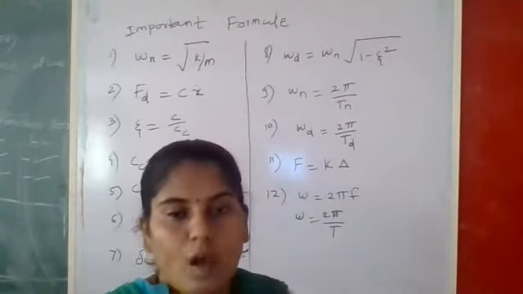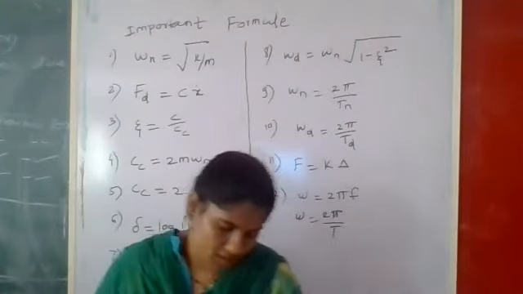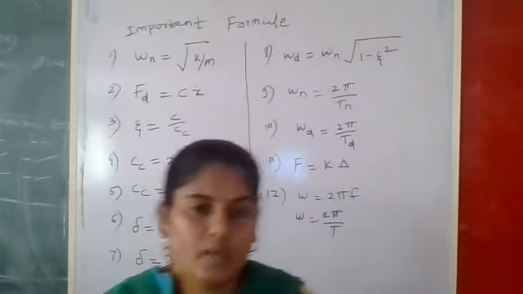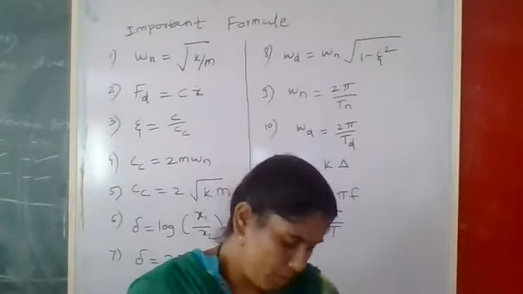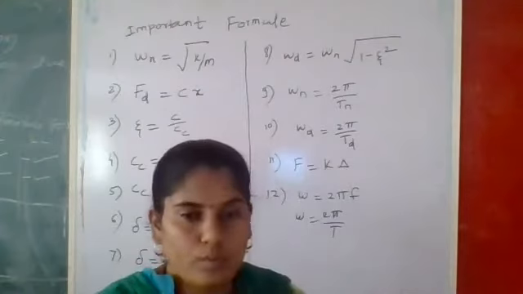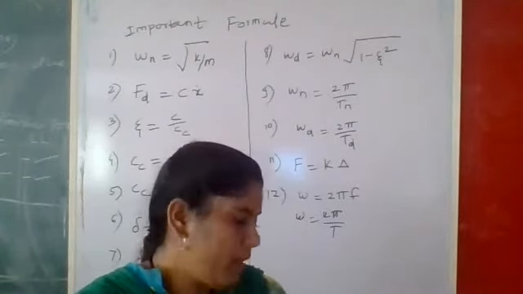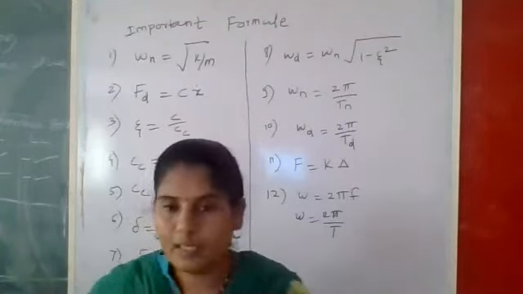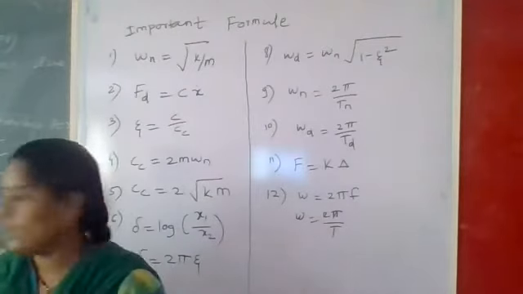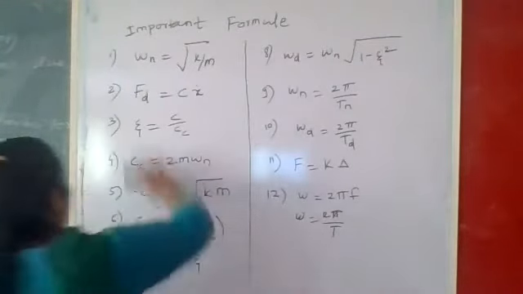Third, the logarithmic decrement. And fourth, the ratio of two successive peak amplitudes. Below this, write down the given information. Okay.